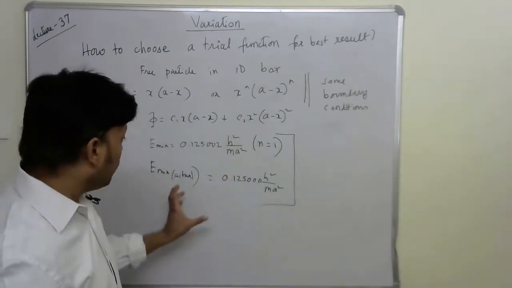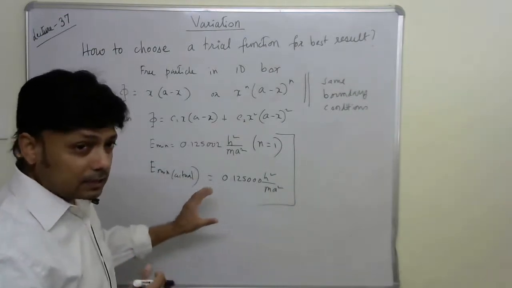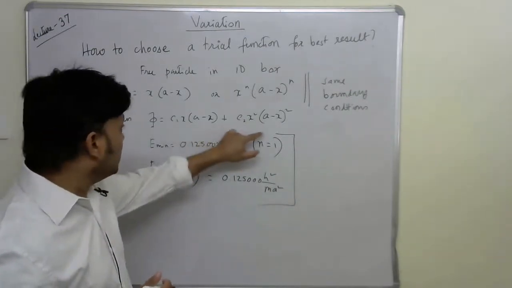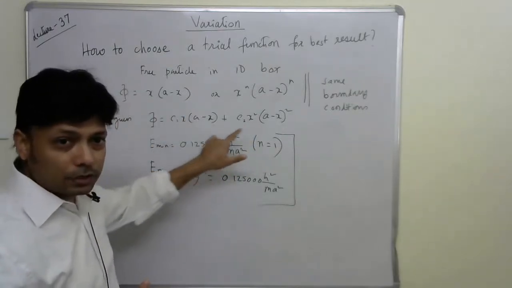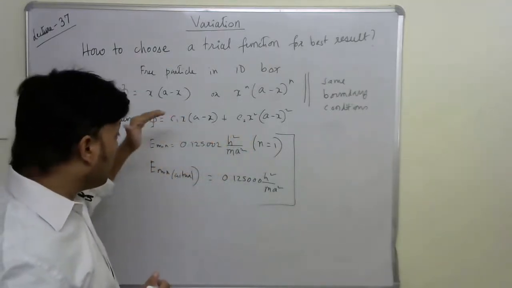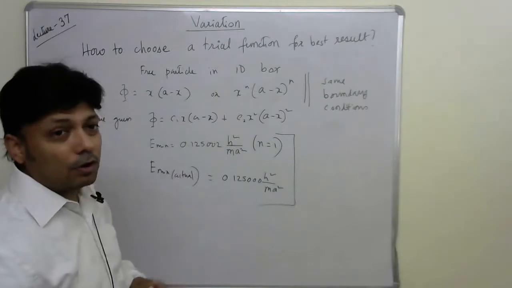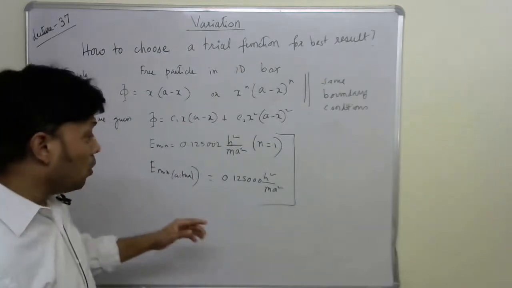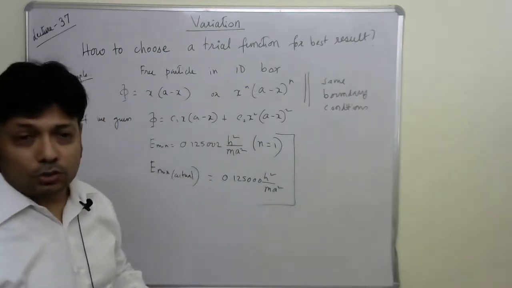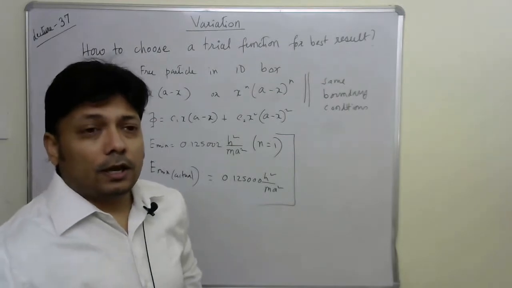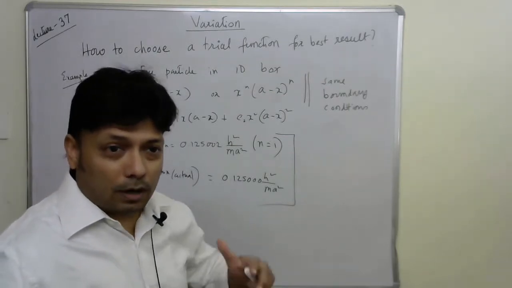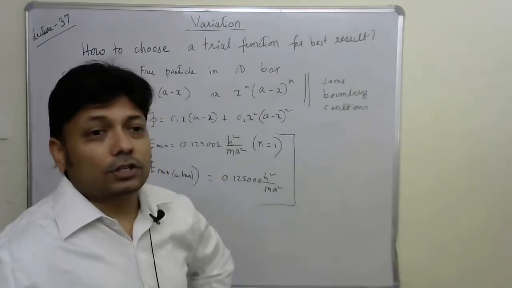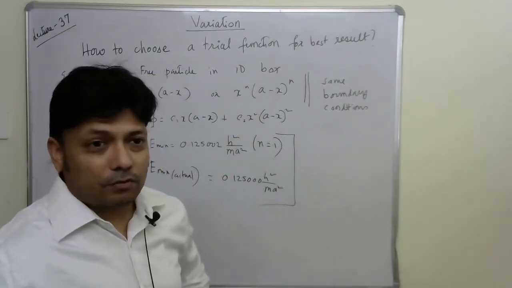So it suggests that by using this phi, as a linear combination of these two functions, we can end up with a very good result. This gives us a premise to guess a trial function that would give us the best result.